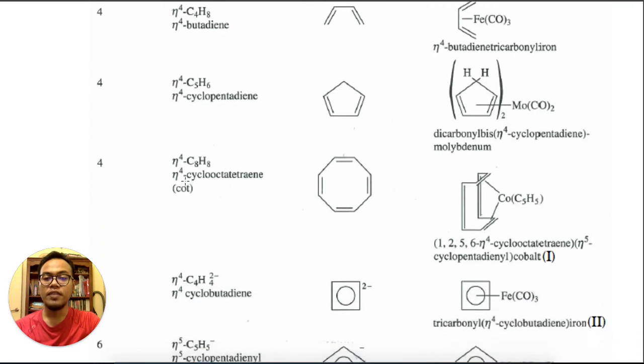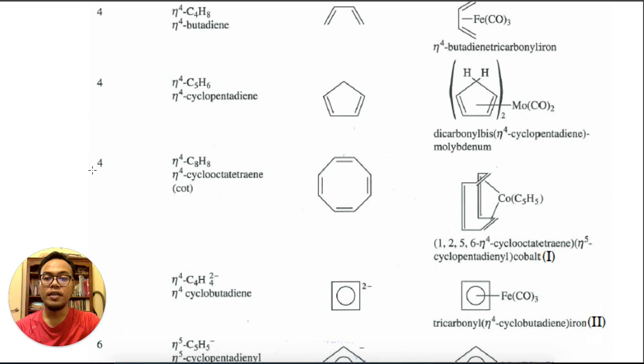And then we have tetrahapto cyclooctatetraene. In the previous video, I kept saying cyclotetraene. It was actually cyclooctatetraene, my bad, I'm sorry. It is simply known as COT. Since it's tetrahapto, we understand that there are 4 atoms attached to your metal.